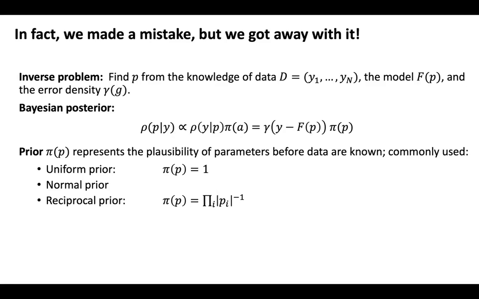I'm going to call that gamma. Our posterior distribution is the Bayes formula without worrying about the denominator. What we're going to use here is what I tried to describe in words earlier. Our model for any given parameter vector will map forward into some values. Then we use gamma to represent the likelihood of the actual data relative to what our model said we would get for that parameter.